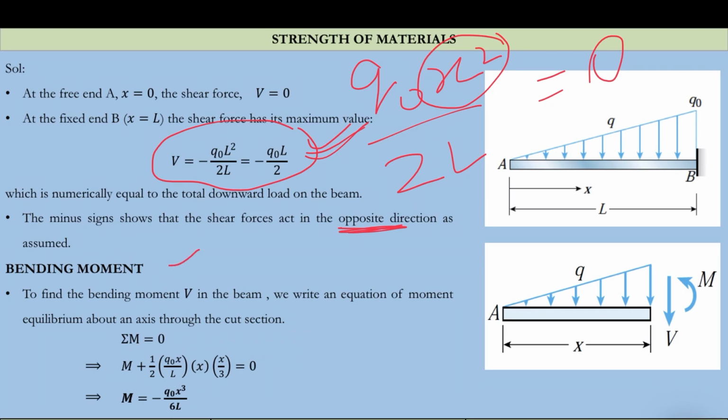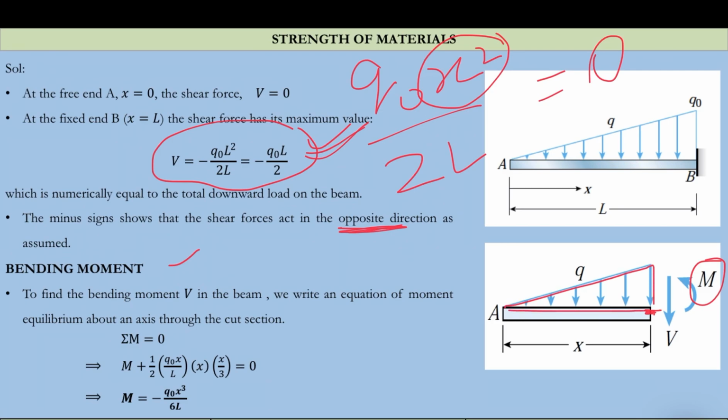Now for the bending moment, take the moment about this point only. What is the benefit of taking the moment about this point? V will vanish, as V into 0 does not come into the picture. So M is the bending moment plus the moment due to this loading.